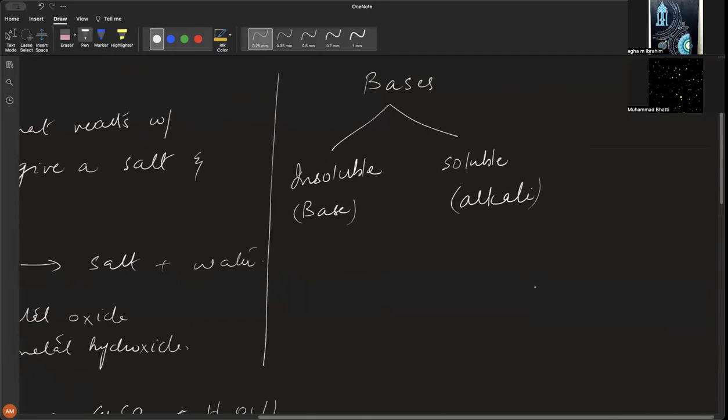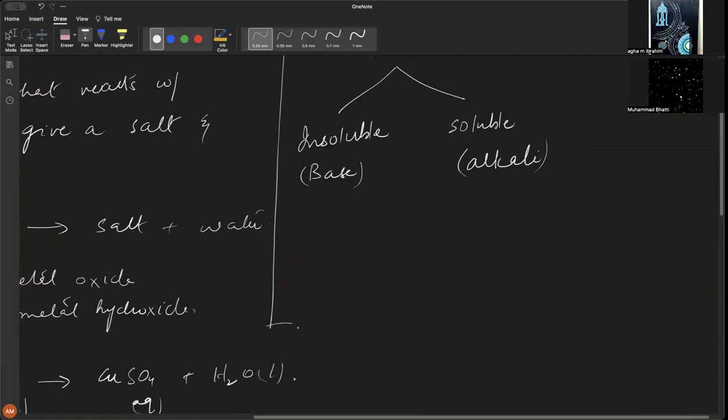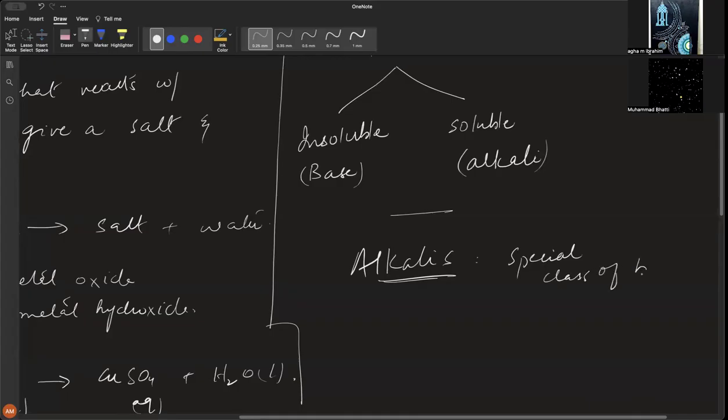So alkalis are a special class of bases.